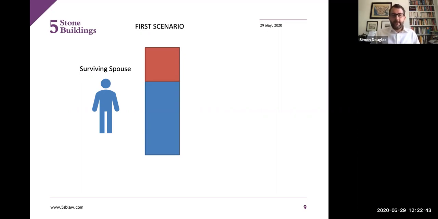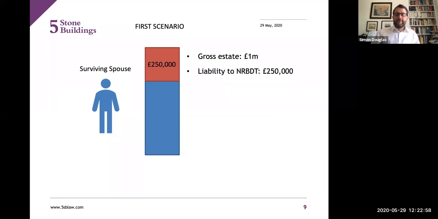So the first scenario, we have the surviving spouse, and the column to their right represents their estate at the time of their death. And let's say the gross value of their estate is £1 million. However, they have a liability to the trustees of a nil rate band discretionary trust of £250,000. So that reduces their net estate to £750,000.